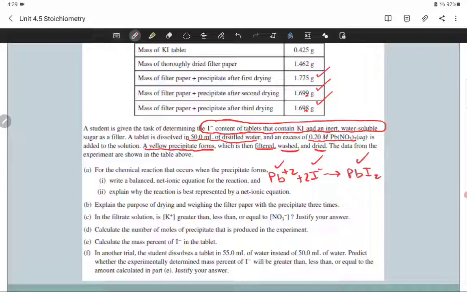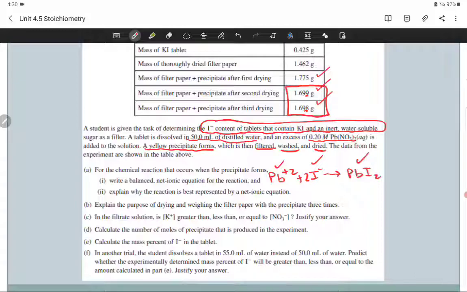The last decimal place in a measurement is always a guess by the instrument. So in all intents and purposes, these 2 numbers are the same number. We always have to keep drying until we get to that constant mass. That way we know that all the water has been evaporated off of the precipitate.